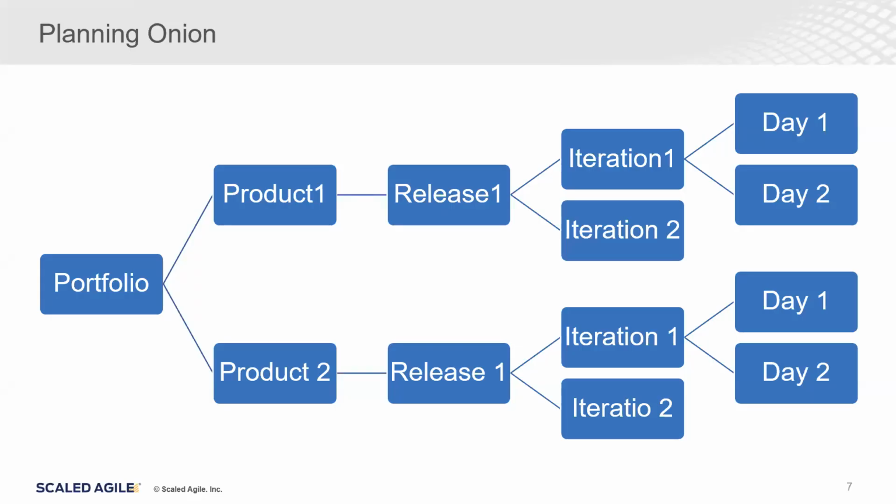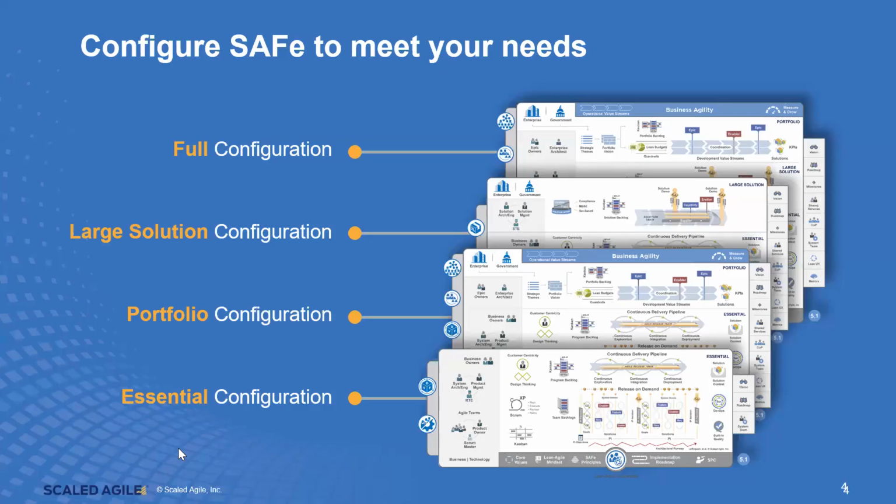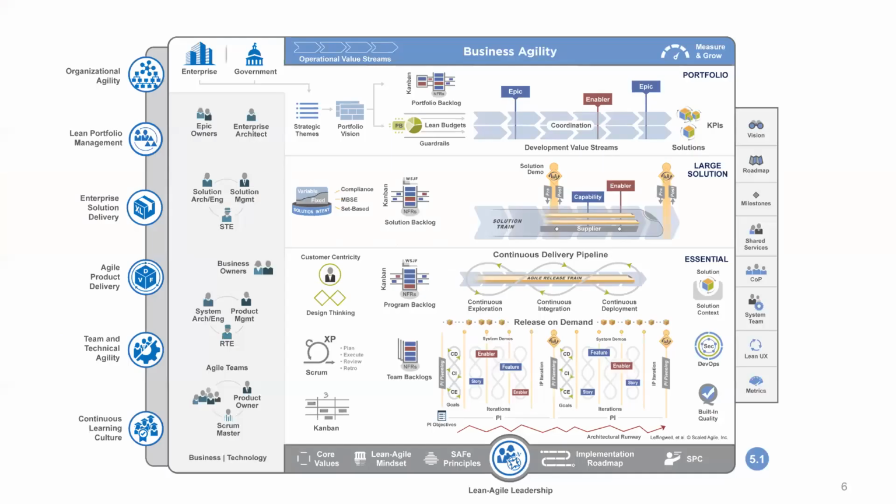All right. I just want to share one slide from here, on the difference between Scrum and SAFe. We discussed the 4 layers: full configuration, large solution, portfolio, and essential.